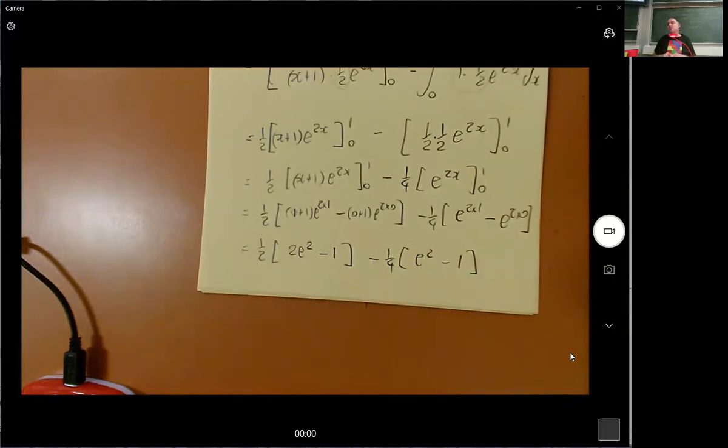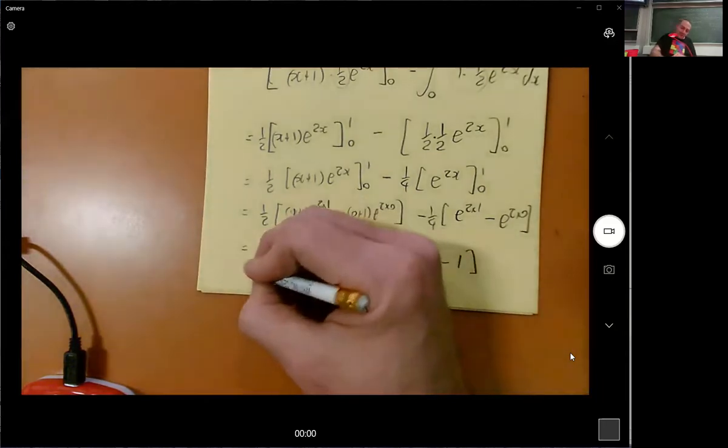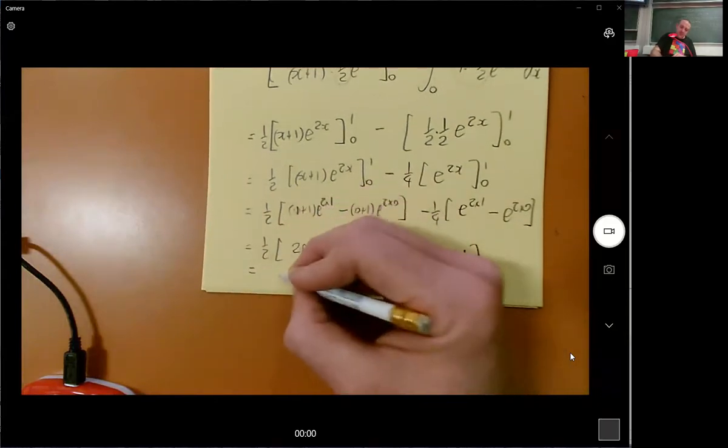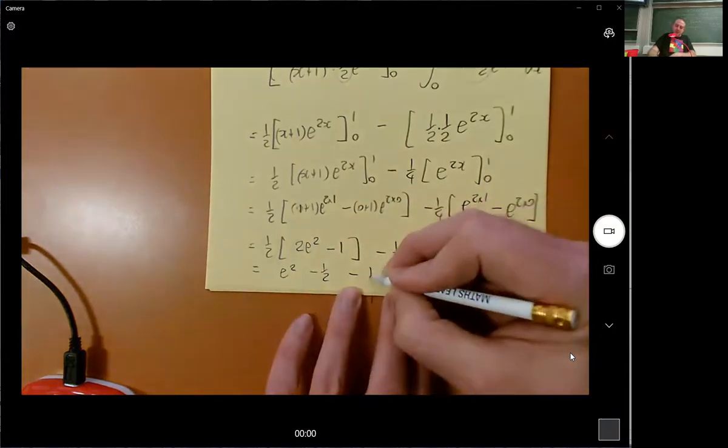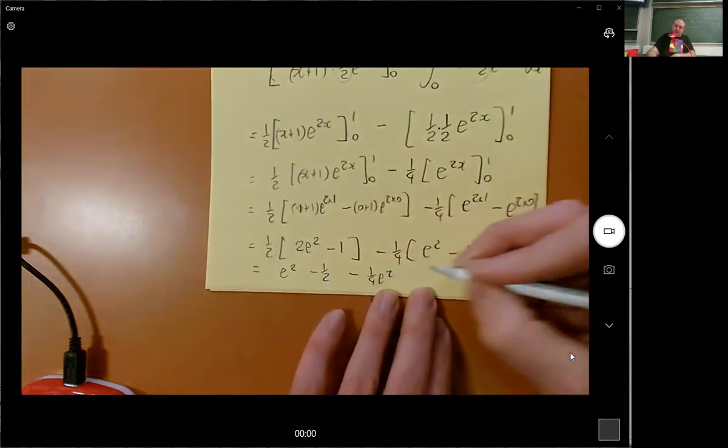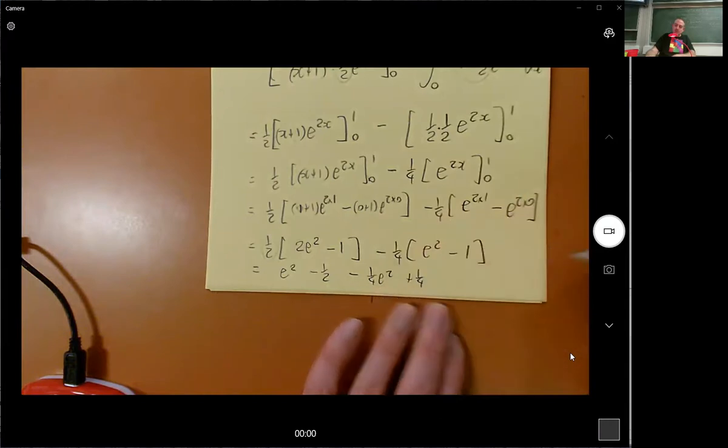All right, I suppose I should expand it out now. I have to deal with the fractions. I thought it was worth a try. So I've got a half times 2 is just e squared minus a half minus a quarter of e squared plus a quarter.